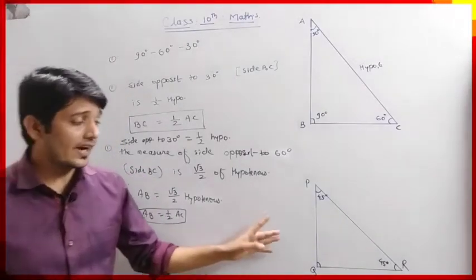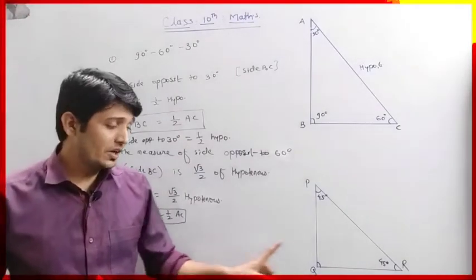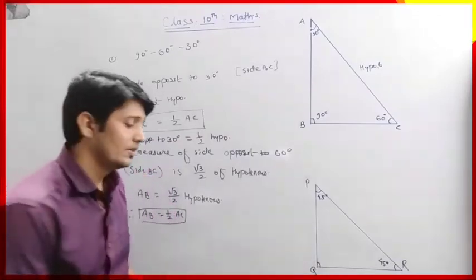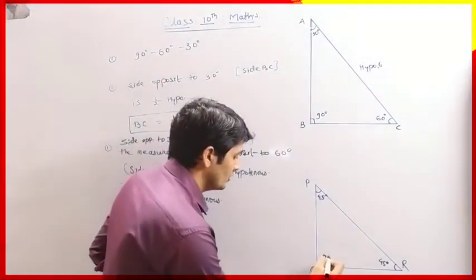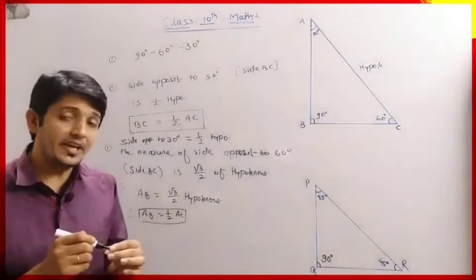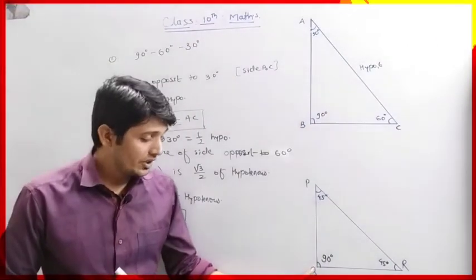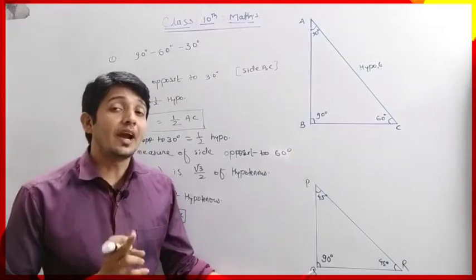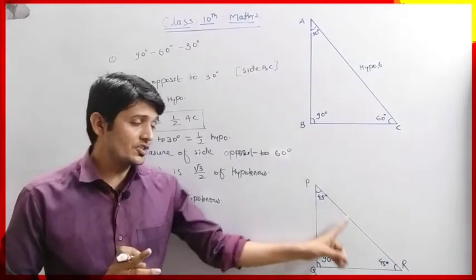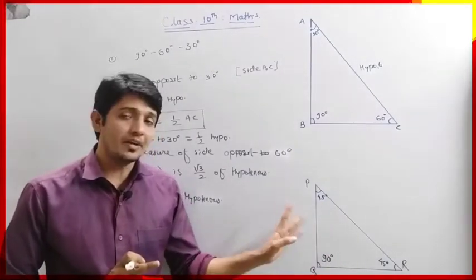In the second right angle triangle, as we see, one of the angles is 90 degree, because this triangle is a right angle triangle. So here, see, Q is nothing but the right angle of this triangle PQR.